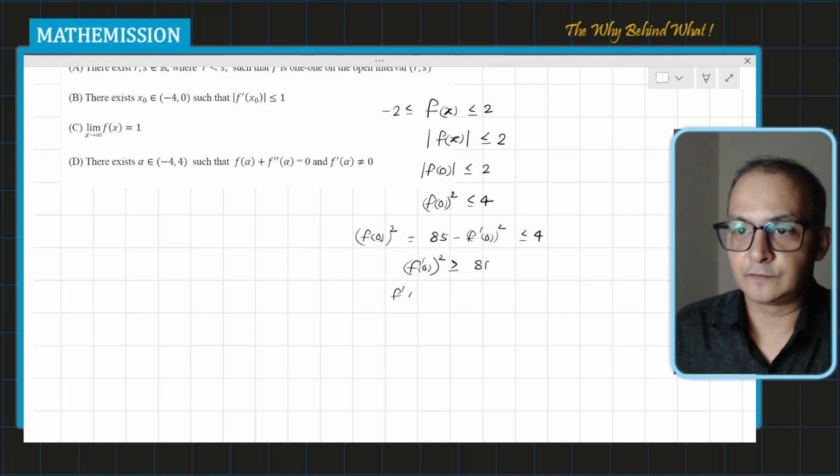It means I can infer that mod f dash 0 is greater than or equal to 9.